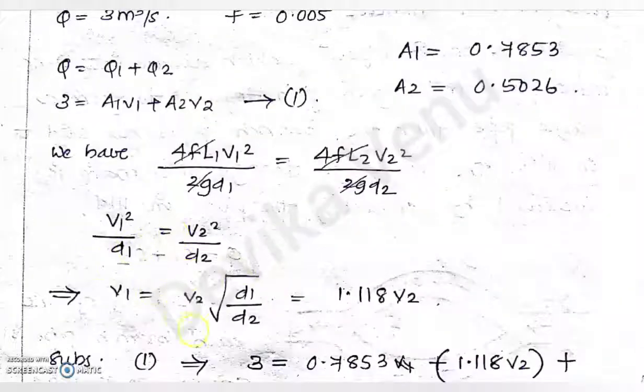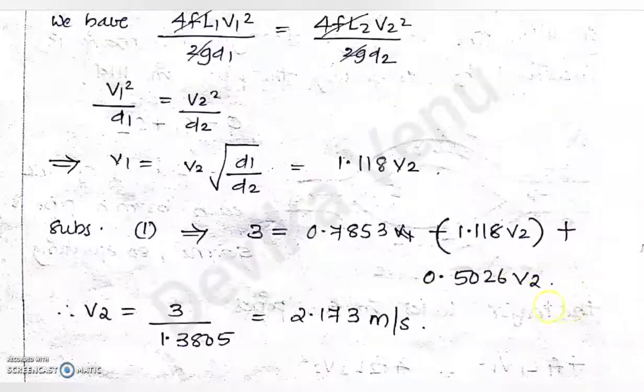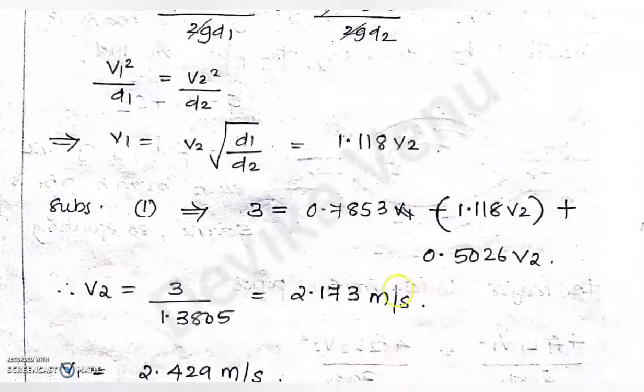From this I can substitute V1 in terms of V2. D1 and D2 are given, substitute them, so you will get an equation which only involves V2. From this equation you can find out V2.